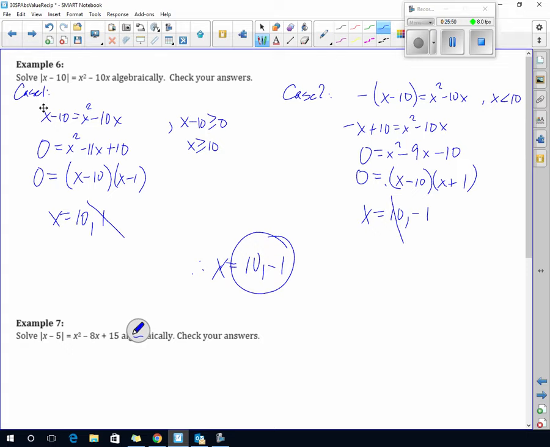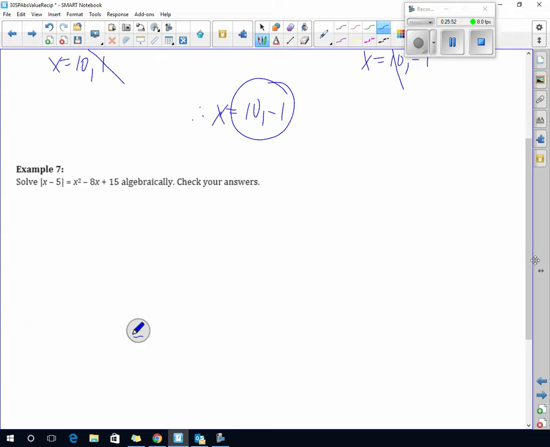Case 1. X minus 5 equals x squared minus 8x plus 15. And that is when x minus 5 is greater than or equal to 0. So x has to be greater than or equal to 5. Case 2. Negative bracket x minus 5 equals x squared minus 8x plus 15.